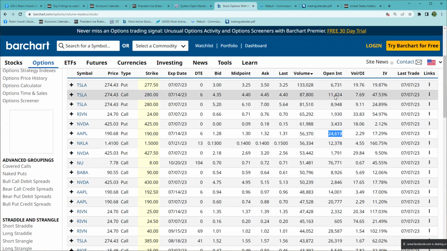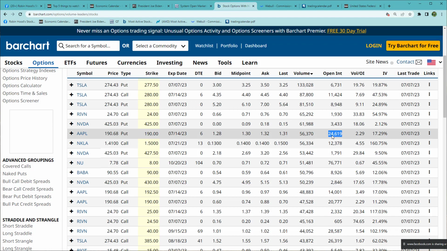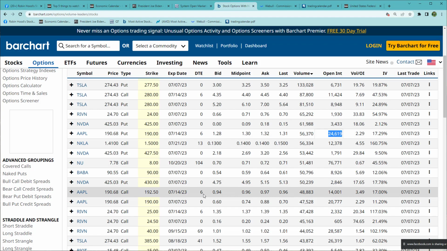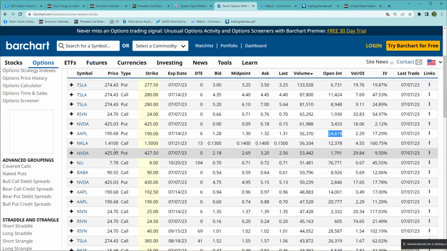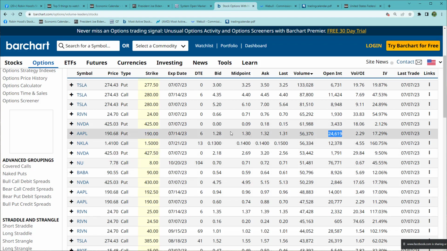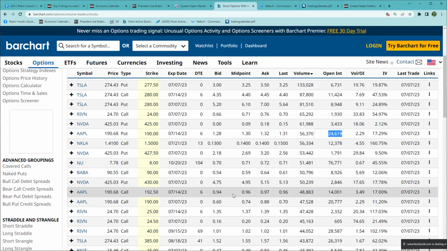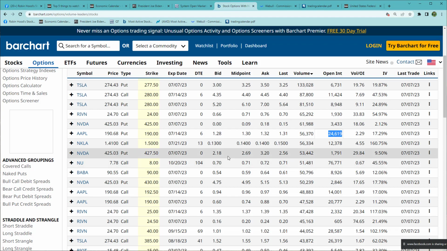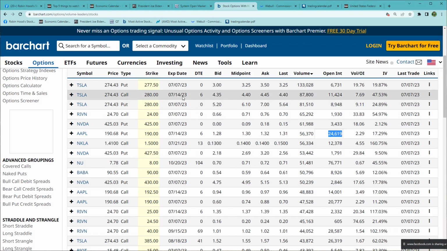Open interest is a little more than the Tesla open interest, at 24,000. But we do have a call on Apple with almost 49,000. So it looks like we're seeing more straddling with Apple. Those types of investors are probably not taking any chances, but they seem to be very bullish with Tesla on Monday morning.